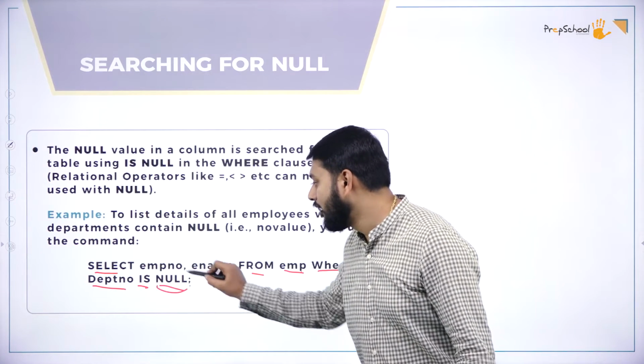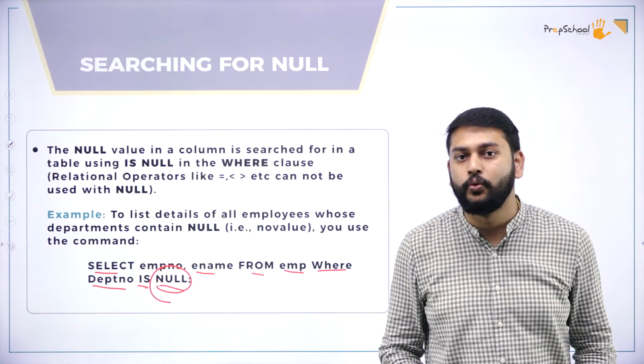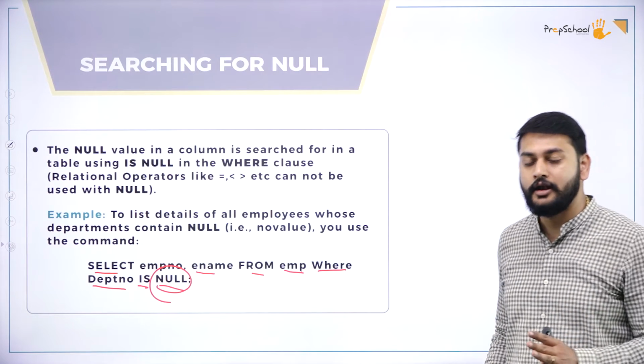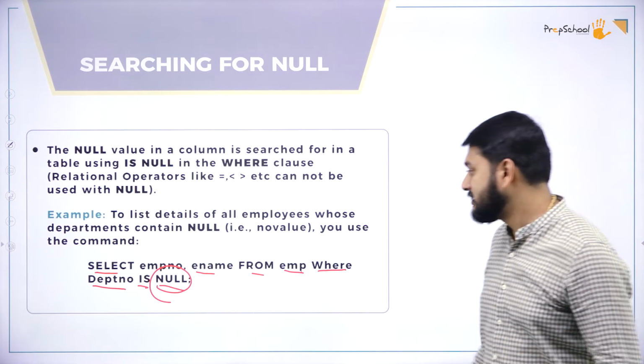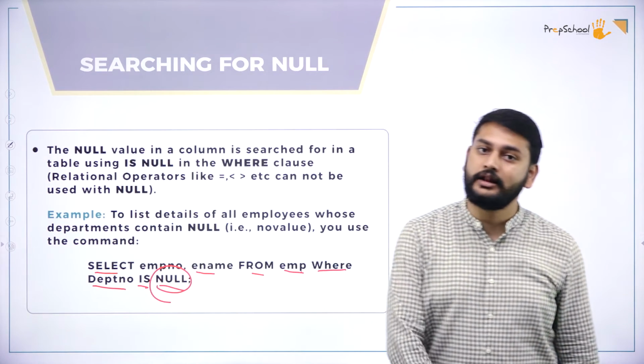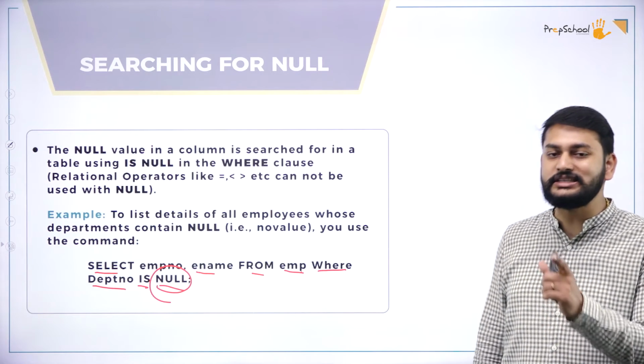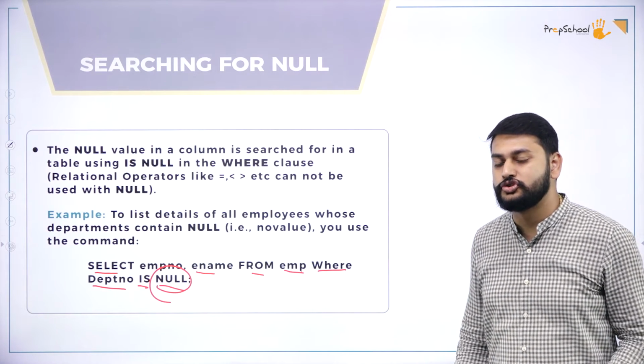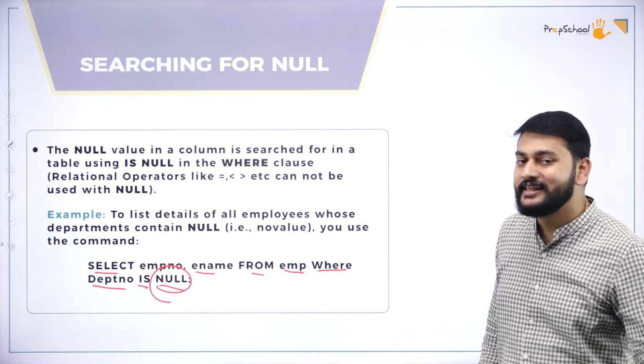NULL is a keyword, and it is also treated as a value. This is how I'll be using the NULL keyword. Department number IS NULL. I can also use NOT NULL.